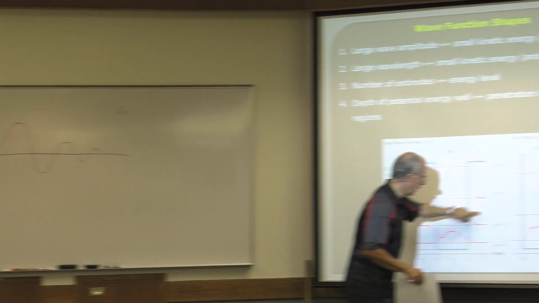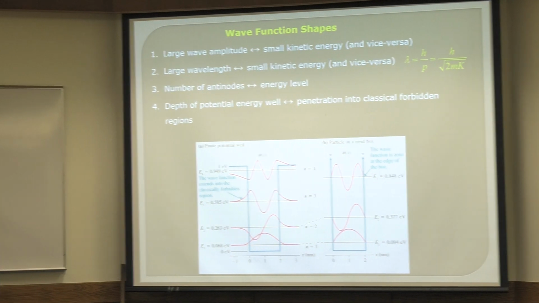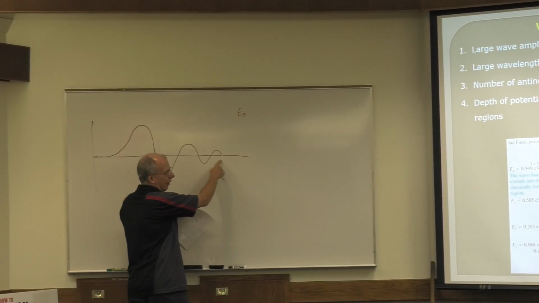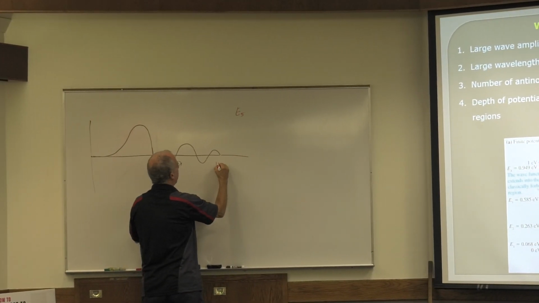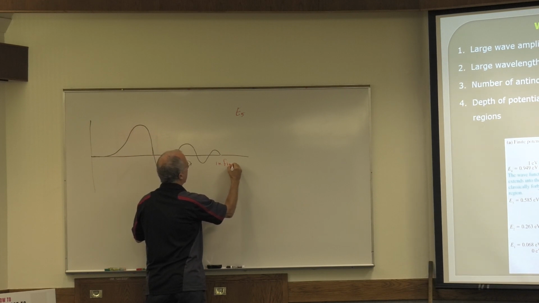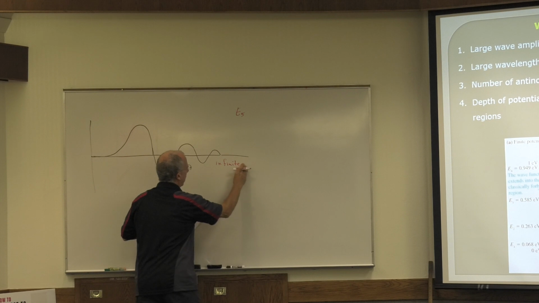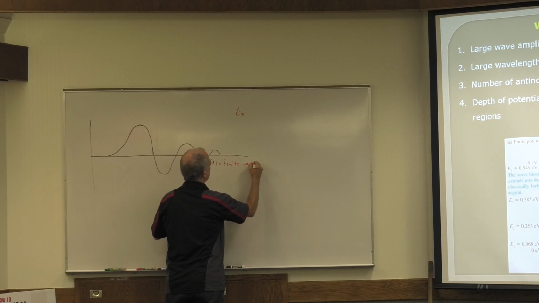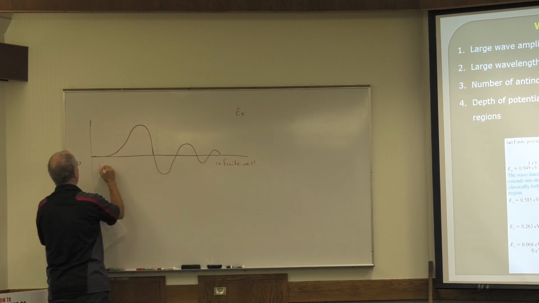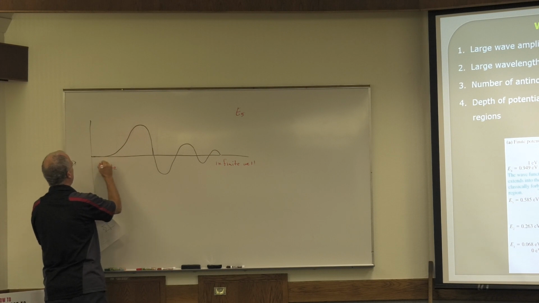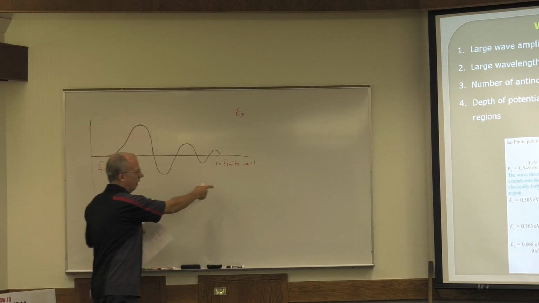It's more like one of these. But on the other hand, this one just stops, correct? So this looks like an infinite well, and this looks like a finite well. Oh, that's weird, right? So this part is a finite well, this part is an infinite well.